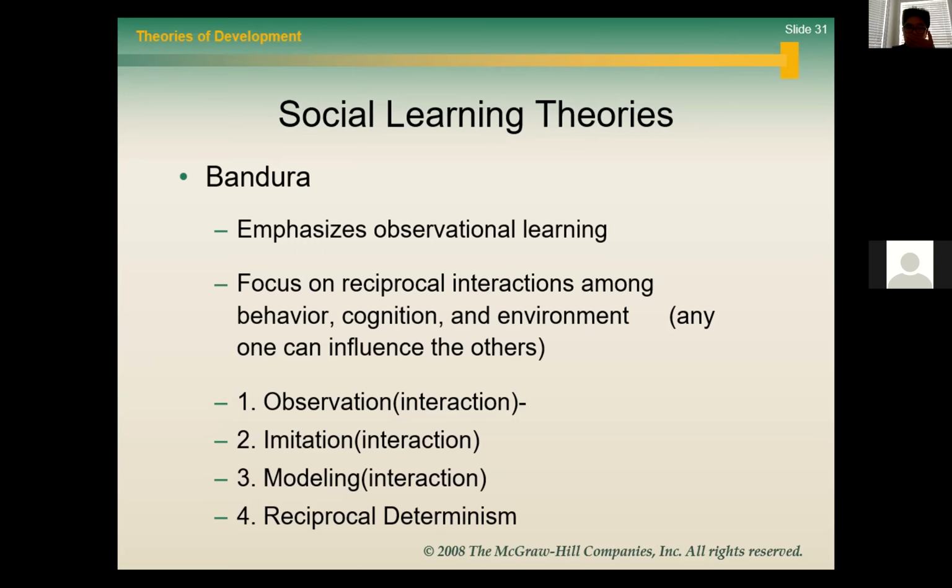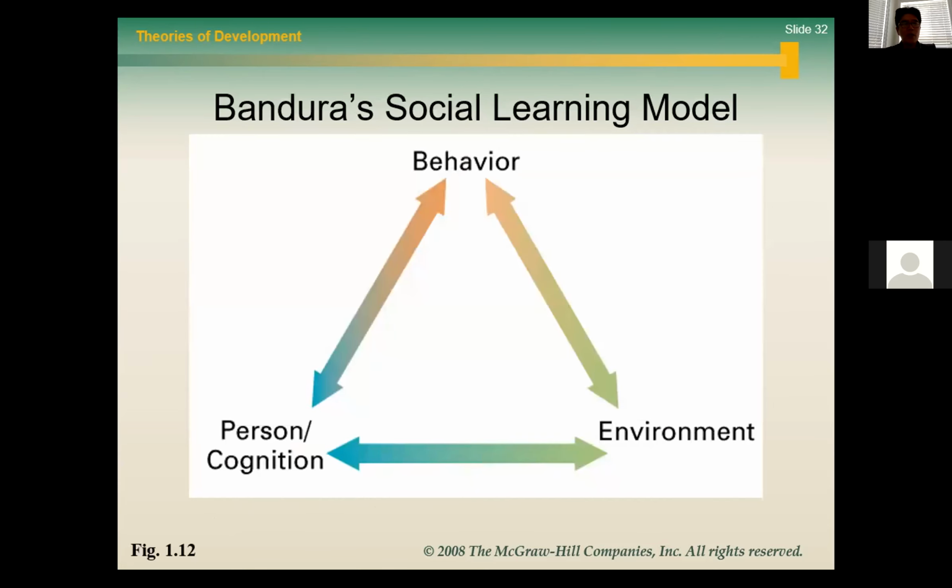Finally, reciprocally, my behavior is strongly influenced by your response, and your behavior is strongly influenced by my response. And we set up clear relationships among you, me, and others. Bandura's social learning model: behavior, person, and environment. We reciprocally interact and determine.